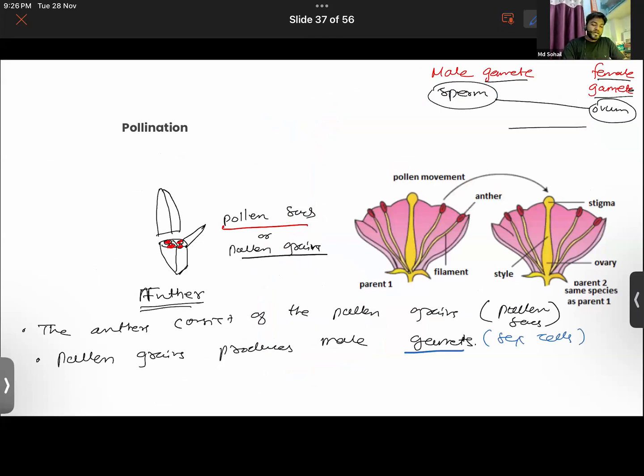And now there are types of pollination as well: self pollination and cross pollination. So you guys explain this. What do you mean by these two?